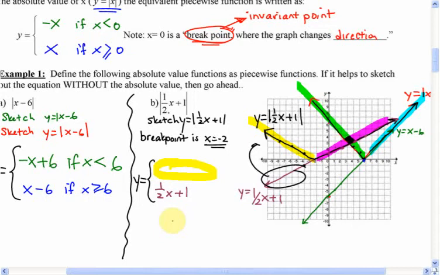This seems to be true for what values of x? Where is this graph true? Negative 2. Yeah, bigger or equal to negative 2. So this is true if x is bigger or equal to negative 2.